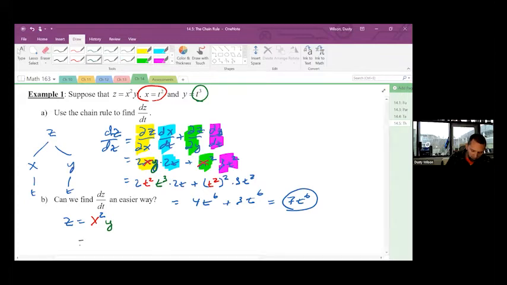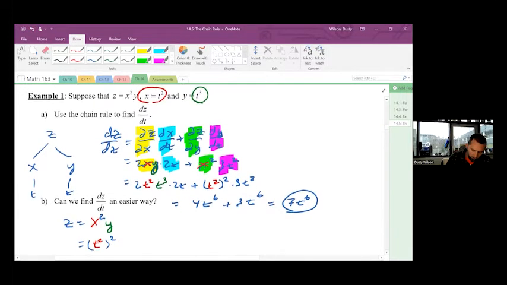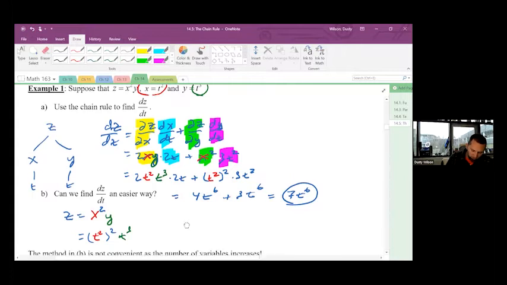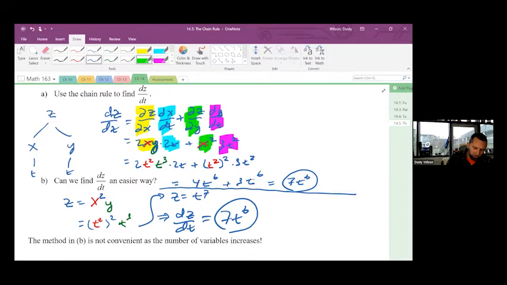And so this would be equal to t squared squared from the get-go times t cubed, which is a funny way of writing that z equals t to the 7th. If z equals t to the 7th, then certainly dz/dt equals 7t to the 6th. Same as we had the other way.